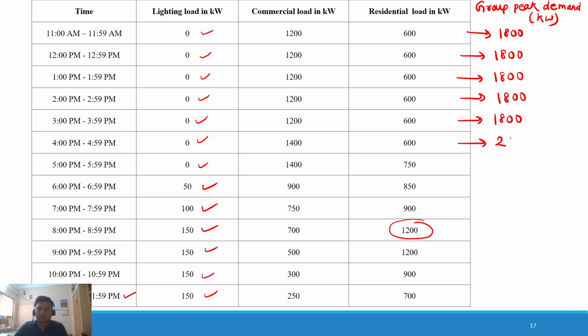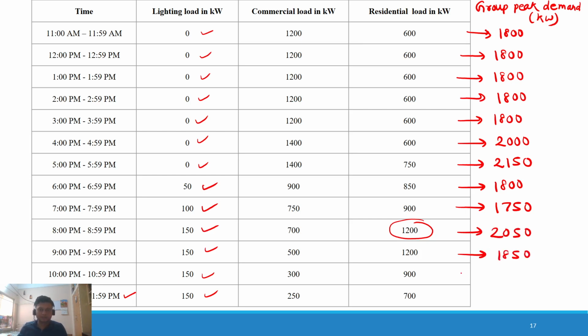Now it is 2000, it is 2150, 850 plus 50, 900 plus 900, 1800. This one is 1900 plus 750, 1750, 1750. Then 1200, 1900 plus 2500, 2050 plus 1850. This will give you 1350. The last one will give you 1100.